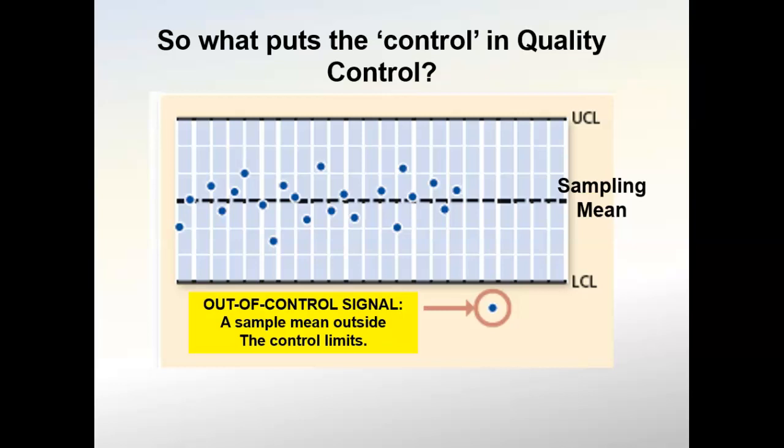These measurements are then summarized as a single sample value, such as the sample's mean measurement, and plotted on the chart. So if a sample falls outside the acceptable limits when plotted on the chart, this is interpreted as a signal that assignable variation is now present in the process, and as such, the process is declared out of control and should be stopped as far as production goes.